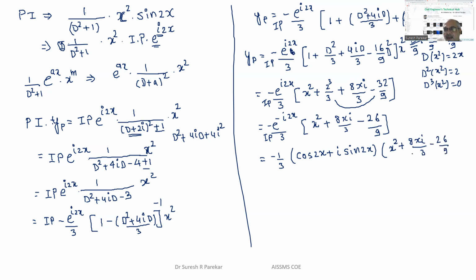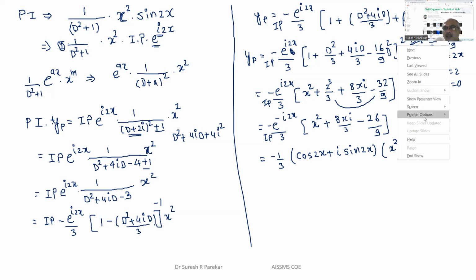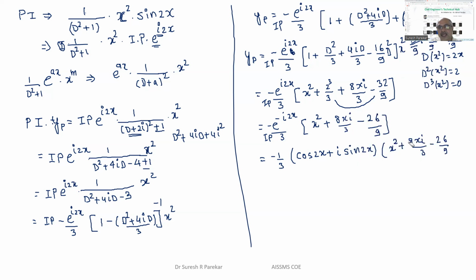So this we can make, in this also, the imaginary and real parts different. So we have x square minus 26 by 9 as the real part, and imaginary part we have 8x by 3 i.